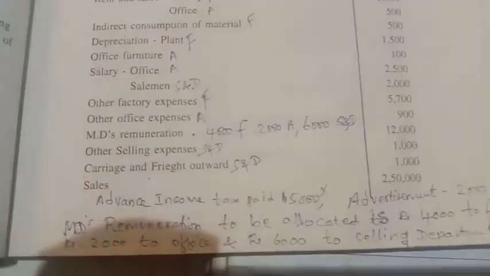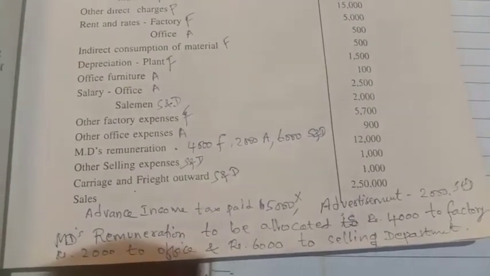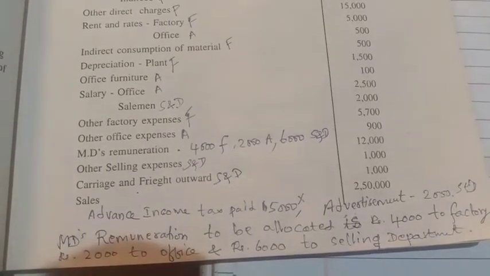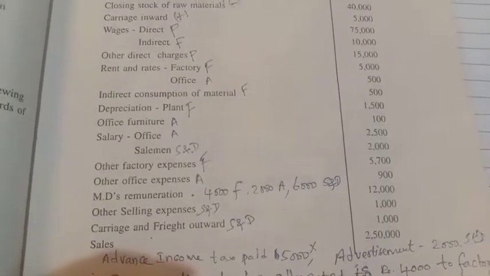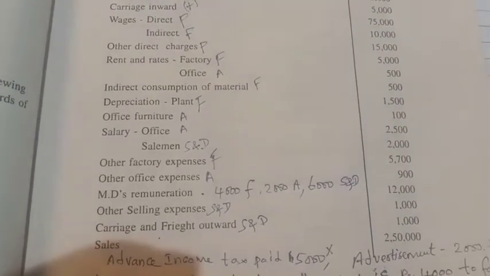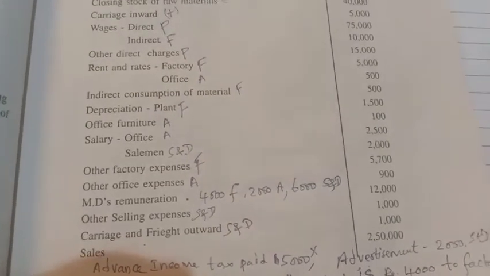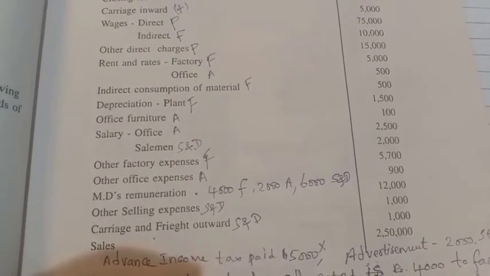Remuneration should be allocated as per the adjustment. If the adjustment is not given, remuneration will be allocated to the administration. So if no information is given, we can take it directly to the administration.